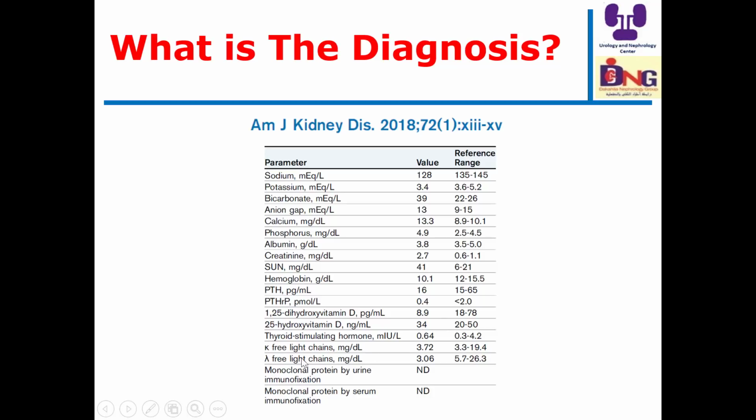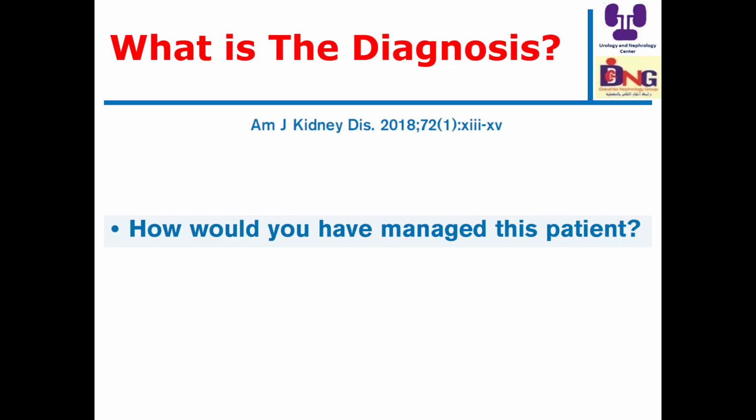Thyroid is normal. Investigations related to multiple myeloma are negative, so we don't have malignancy, we don't have hyperparathyroidism, and we don't have hypervitaminosis D, and we don't have granulomas, so we are left with the milk alkali syndrome.